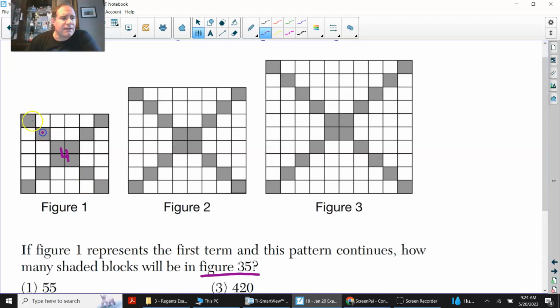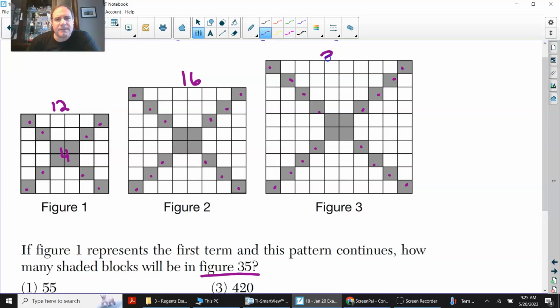This is 4, 5, 6, 7, 8, 9, 10, 11, 12. So we're starting with 12, and then this is 4, 5, 6, 7, 8, 9, 10, 11, 12, 13, 14, 15, 16. So 16. And then 4, 5, 6, 7, 8, 9, 10, 11, 12, 13, 14, 15, 16, 17, 18, 19, 20.